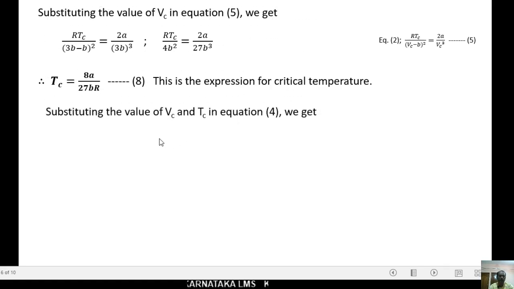Now substitute the values of Vc and Tc in equation 4, which was derived in the previous slide.